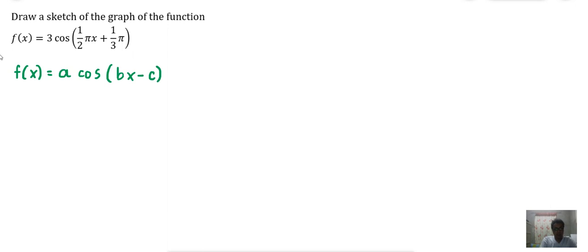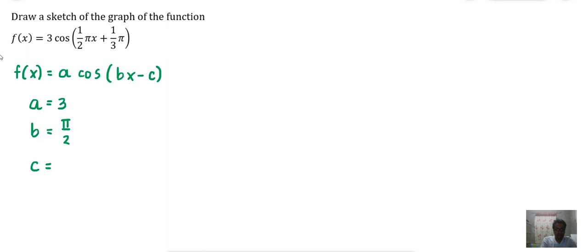Okay? So, when we use this as a comparison, our A is equal to 3, B is pi over 2, and C is, okay, so our C is negative pi over 3.